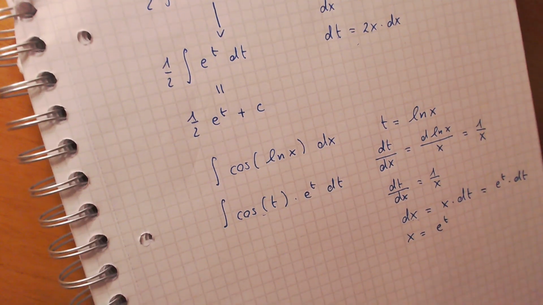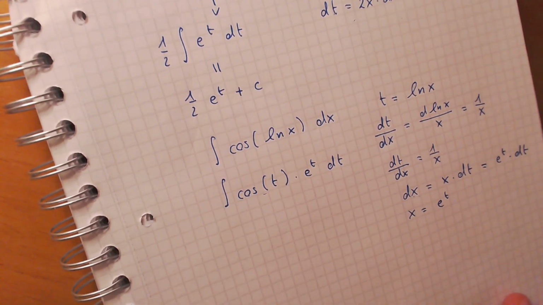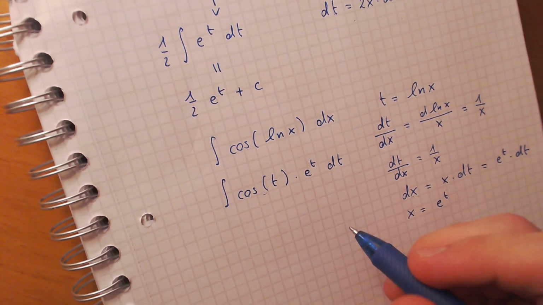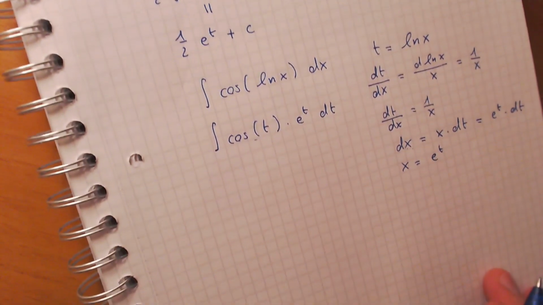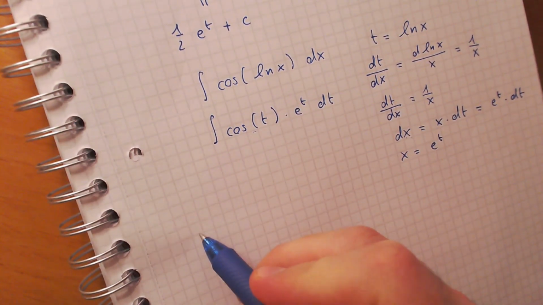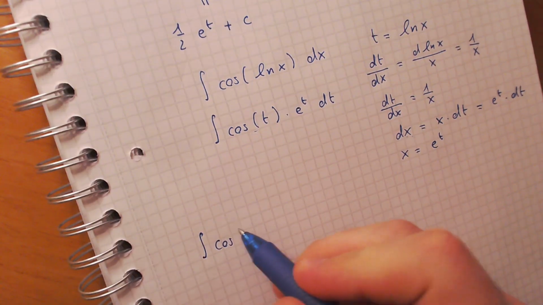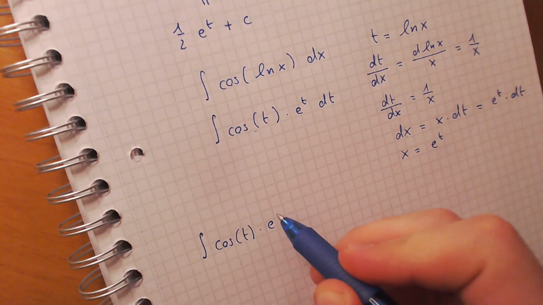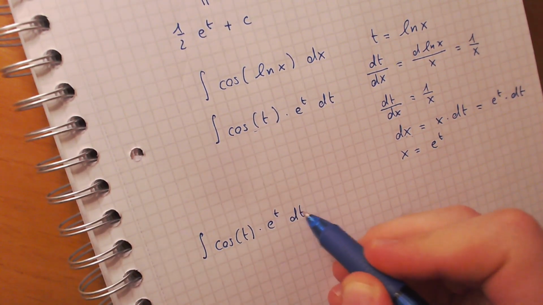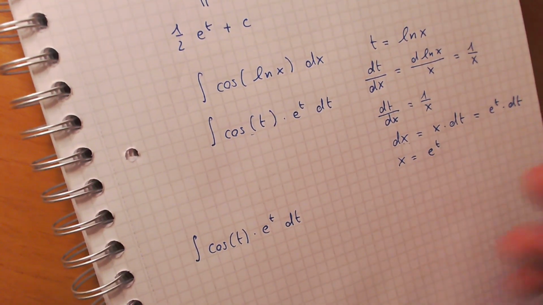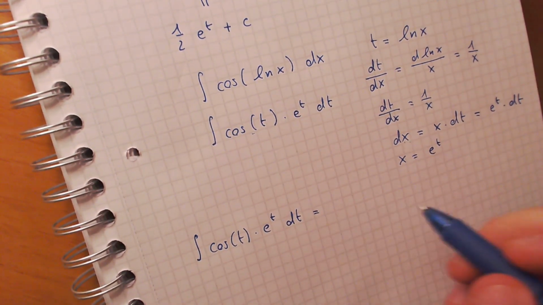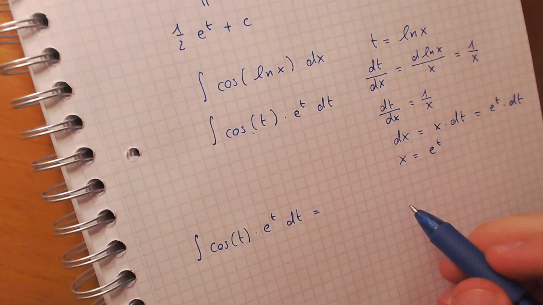So in order to do so, let me write again the integral here. So cosine of t times e raised to the power of t dt. Okay, so we can consider, as I said, integration by parts.